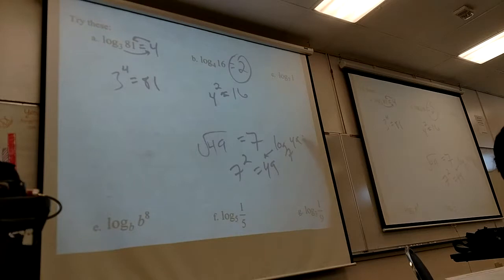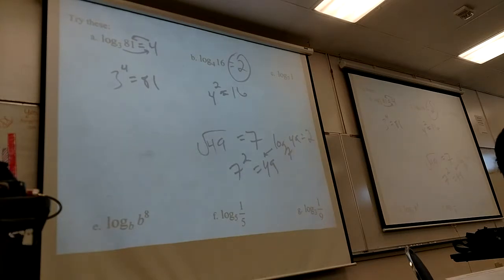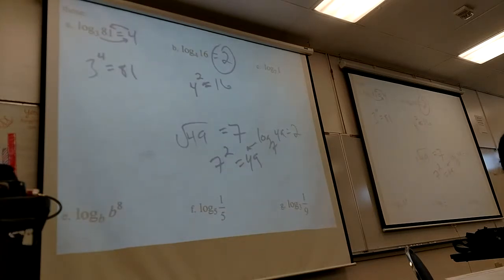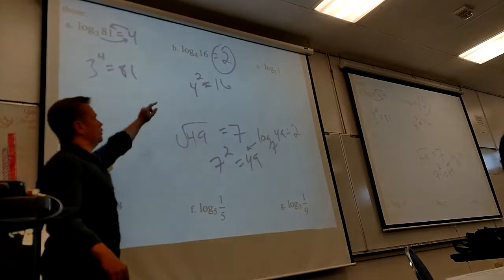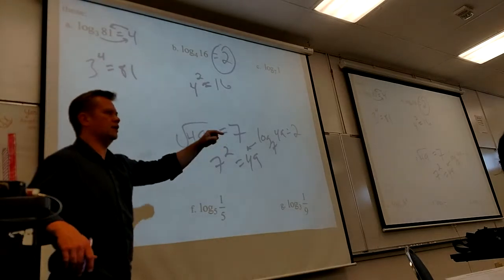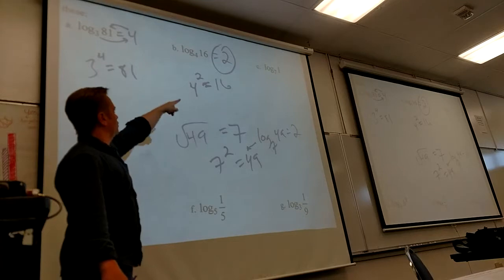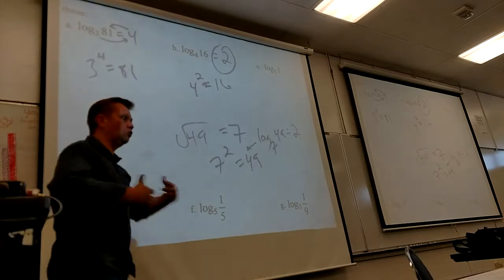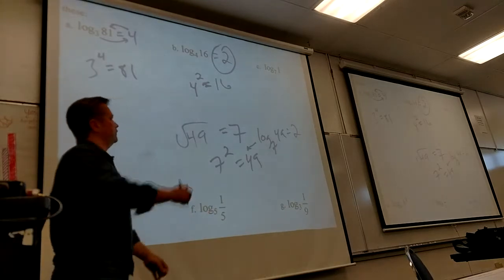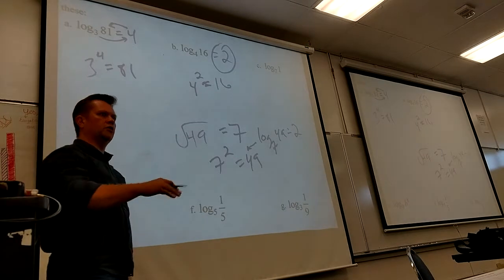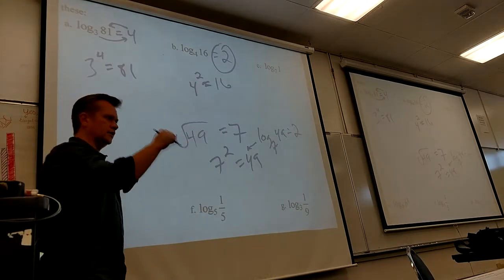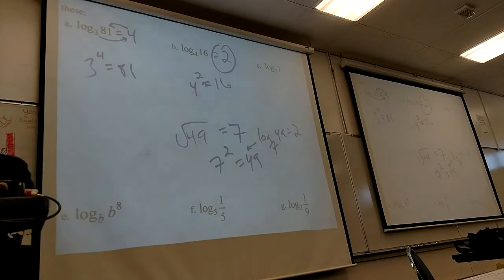The answer is 2, the power that it takes. Do you guys get that? So be careful. You've got to tell me the answer to a log is the power that it would take. If you just write 4 squared is 16, I'm going to have to take points off. You haven't told me what the answer is. Now if you circle the 2, then I probably would leave it alone. That's fine. You're pointing out that that's the number. That's the answer. I like it.